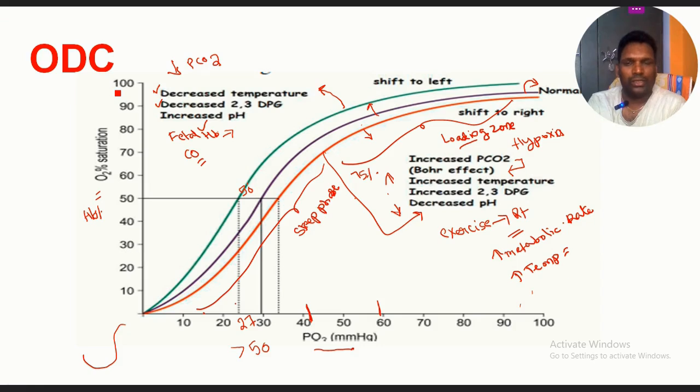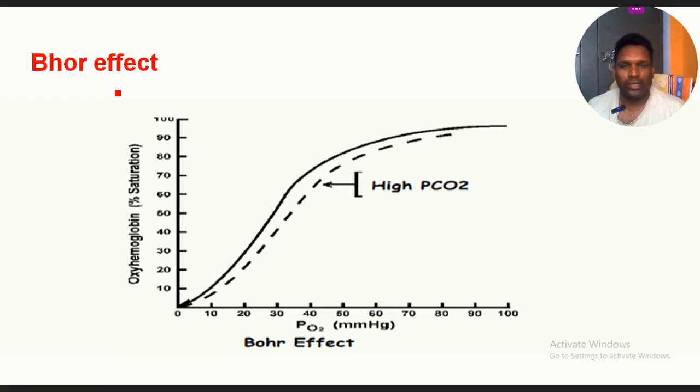Then fetal hemoglobin is another factor, and carbon monoxide poisoning. Fetal hemoglobin has more affinity towards oxygen. Even carbon monoxide has more affinity than oxygen. That's why these factors are shifting the curve towards left.